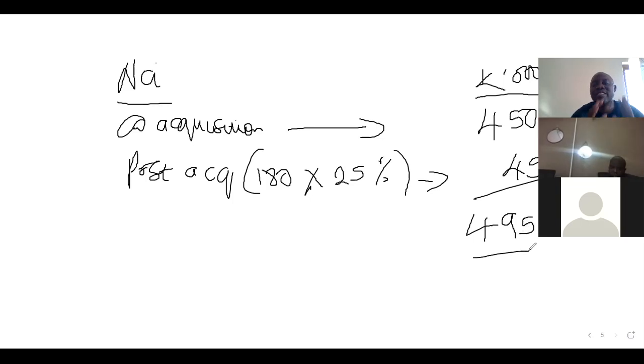So please do not forget this methodical way of approaching a consolidated question. Working 5 is on the group retained earnings, which I know you are very much familiar with.